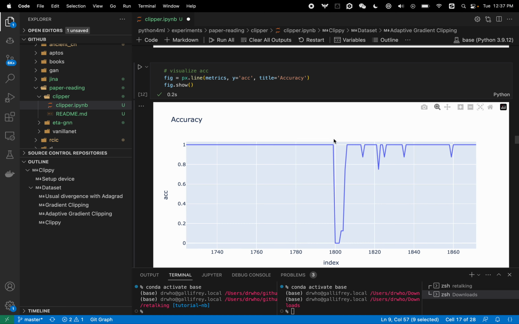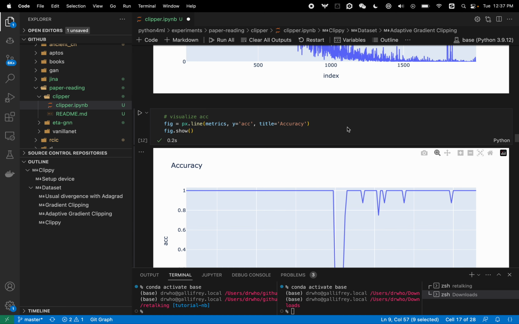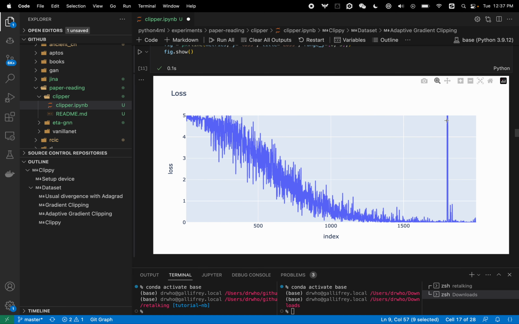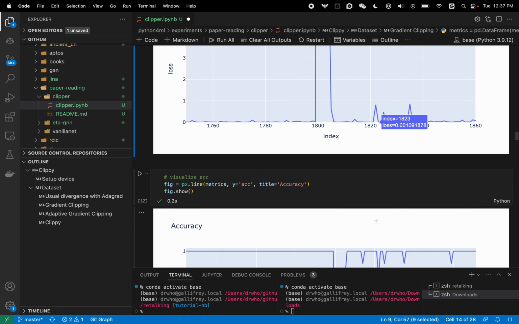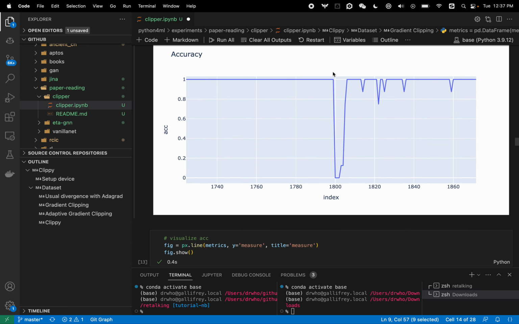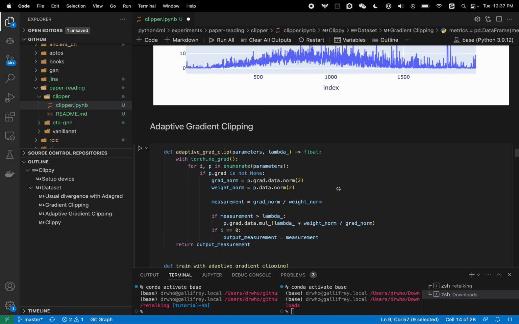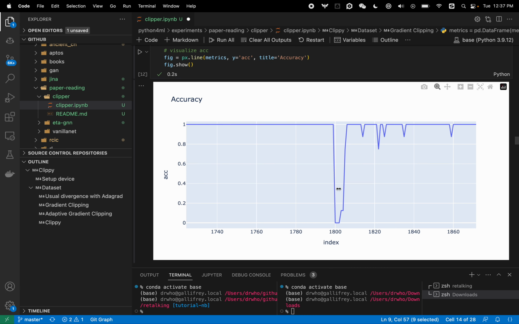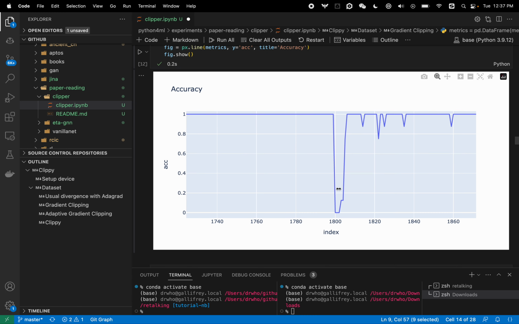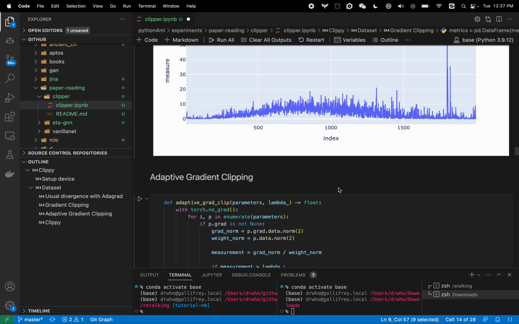The accuracy suffers less disruption, because when the divergence happens, you scale the update step back. That means you have much less damage to your model when the distribution of the input changes.